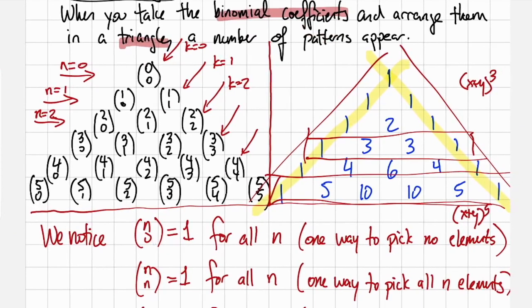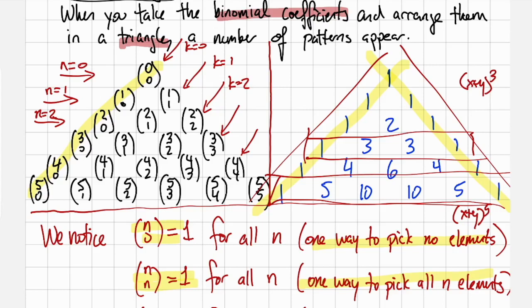First, n choose 0, that's everything in this diagonal, that's equal to 1 for all n. And we should expect that because there's only one way to pick 0 elements out of n, and that's to pick 0 elements. Similarly, n choose n is equal to 1 for all n, because if you have n things, there's only one way to pick them all.